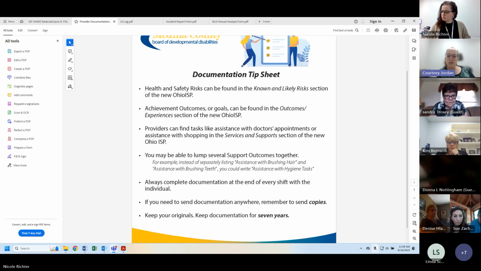The last tip is that it's a good rule of thumb to keep your documentation for 7 years, because Medicaid does have the right to look back. They will tell you it's pretty much 6 years, but we suggest that people keep their documentation for 7, just in case. It's a good rule of thumb.